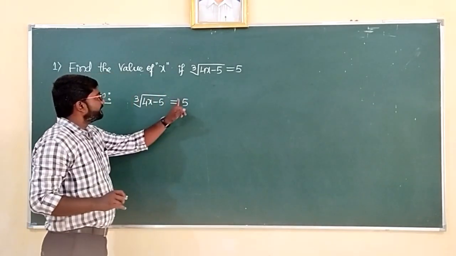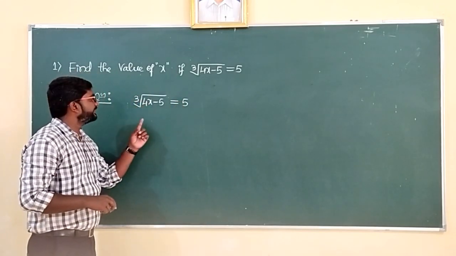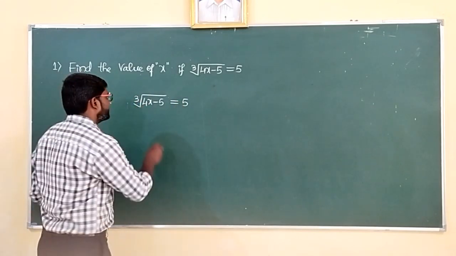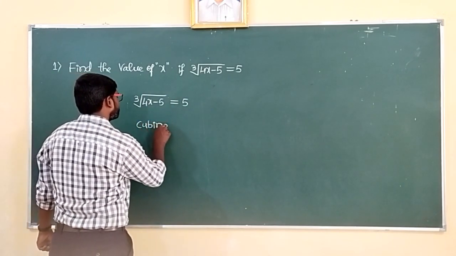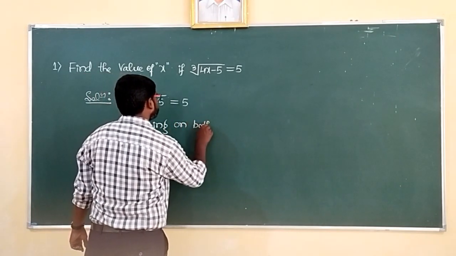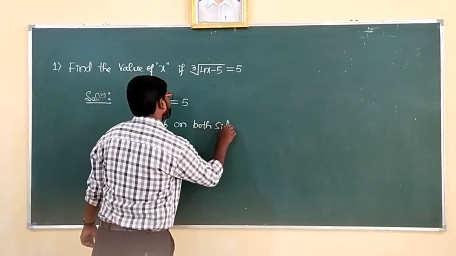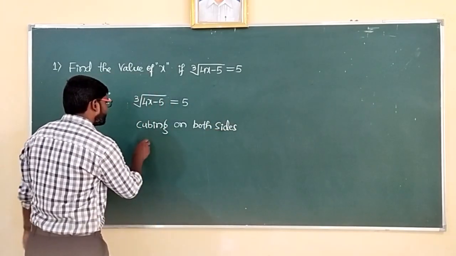Now here we have to eliminate the cube root. For that we need to cube on both sides. So what do we get now?